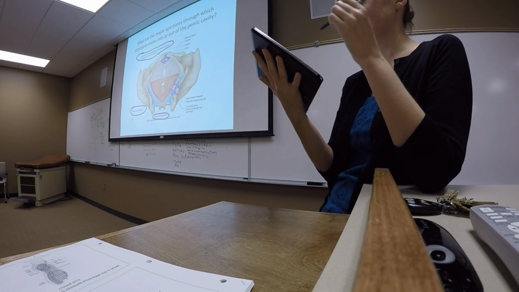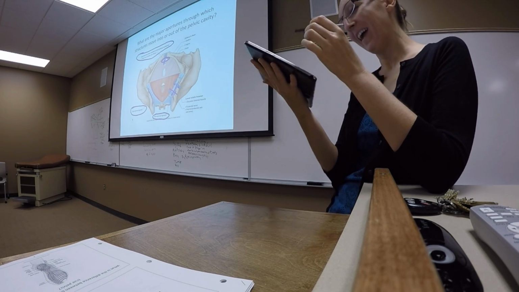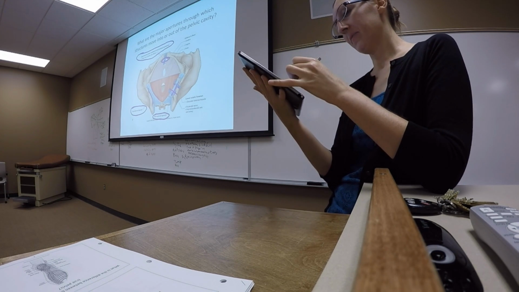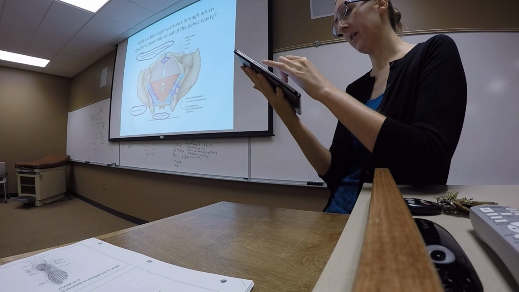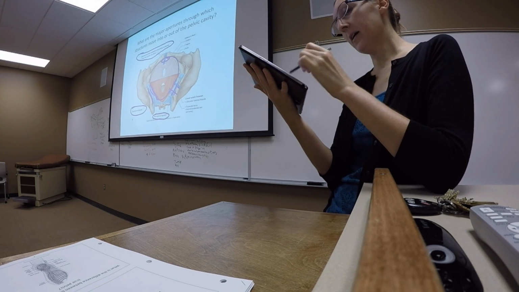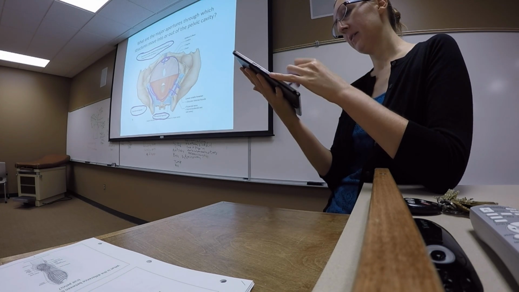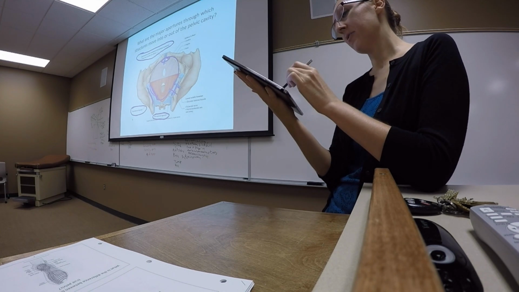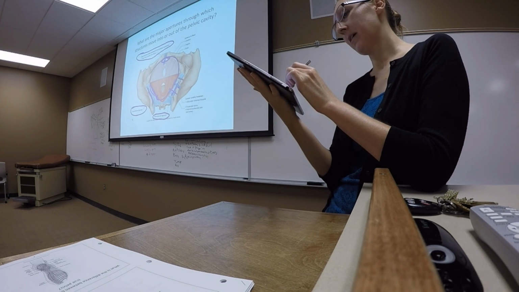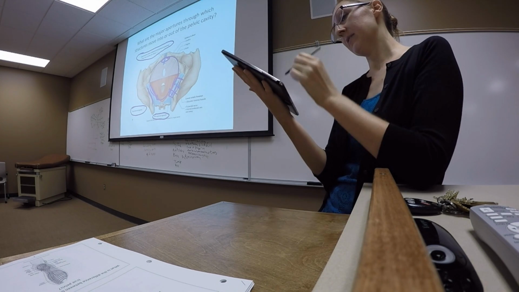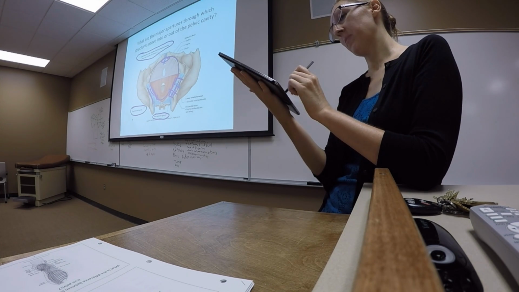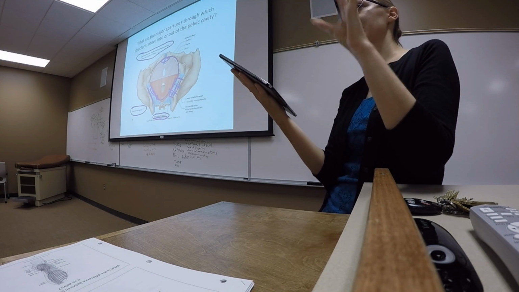Does that make sense? No. Okay. So here are our ligaments. This is the bottom, the pelvic outlet here, right? Sacrotuberous ligament. Underneath that, if we cut underneath it, we have a hole here, right? And that space between that ligament and the sacrospinous ligament is the lesser sciatic foramen.